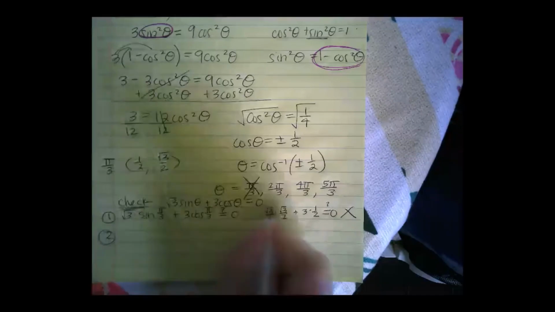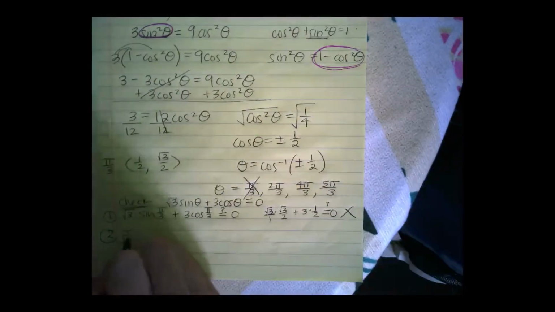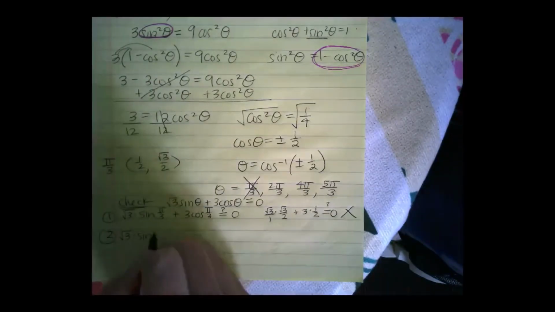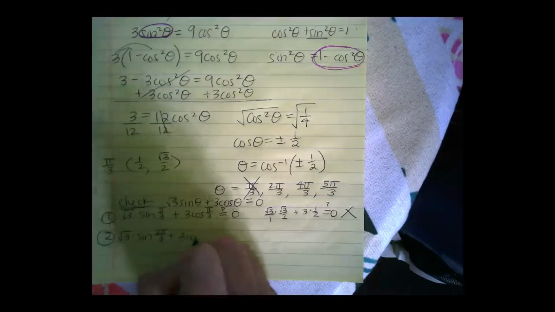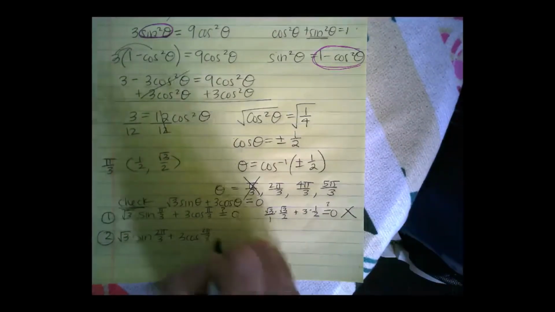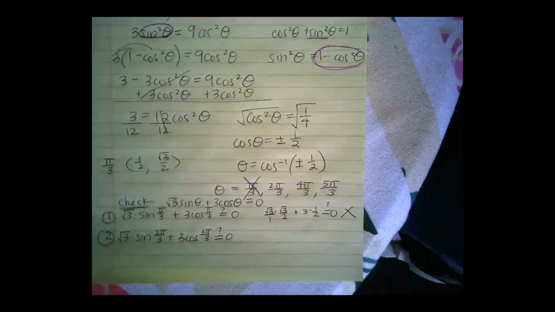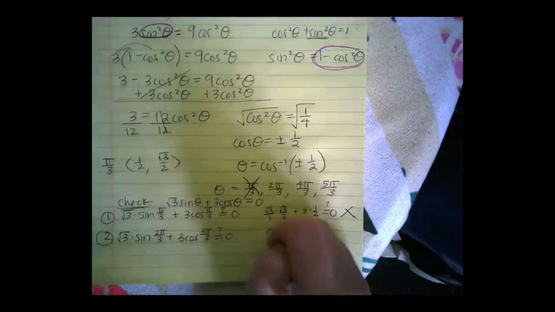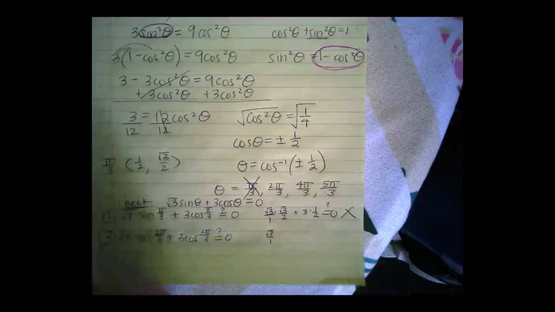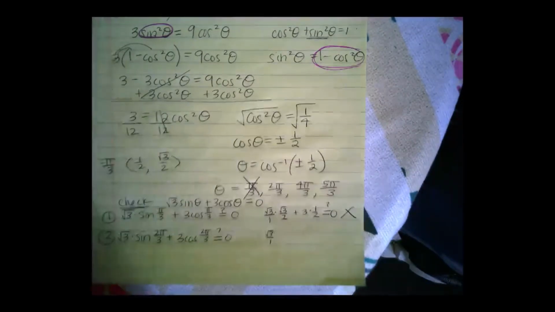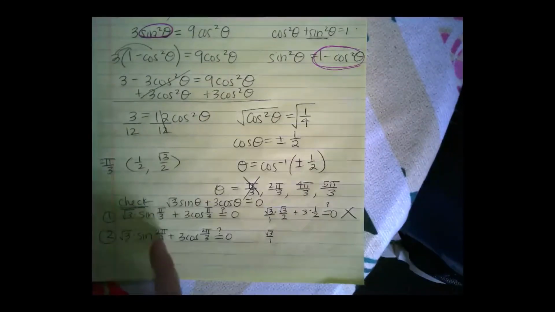Let's check the second one. The square root of 3 times the sine of 2 pi over 3 plus 3 times the cosine of 2 pi over 3. Does that equal 0? So again, we have the square root of 3 over 1. The sine of 2 pi over 3: 2 pi over 3 is now in quadrant 2.